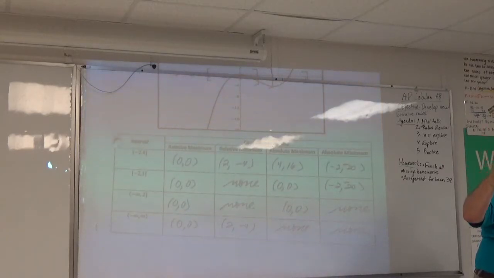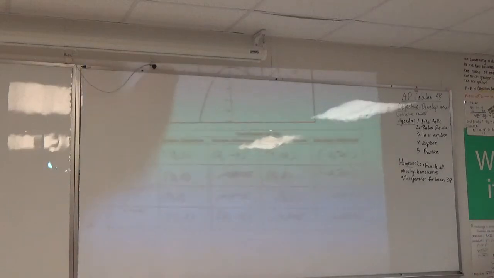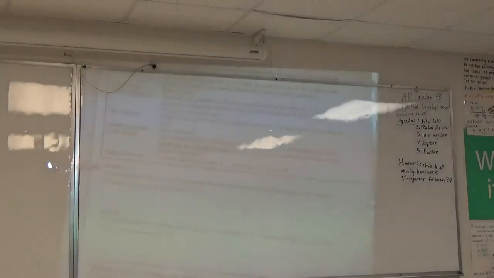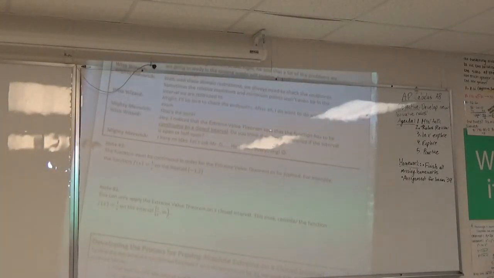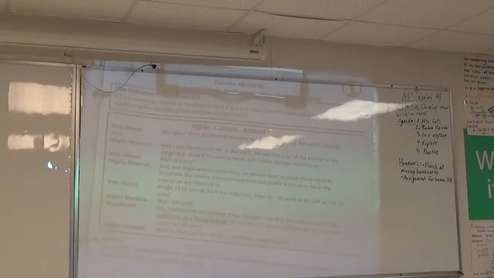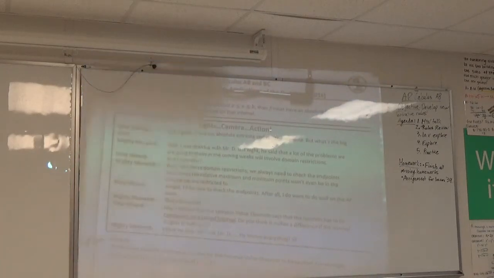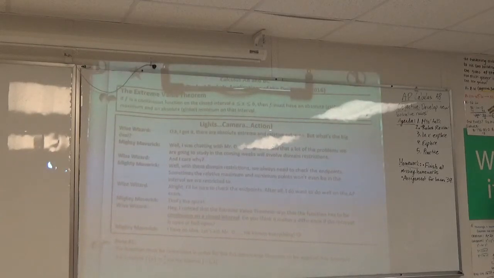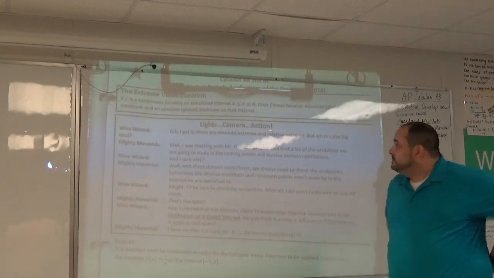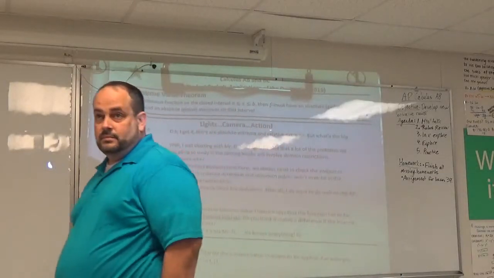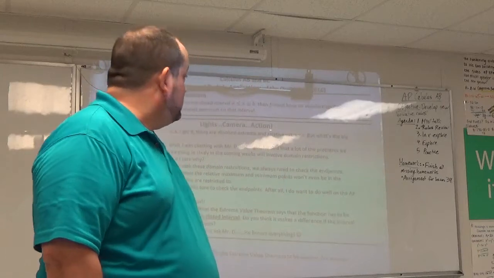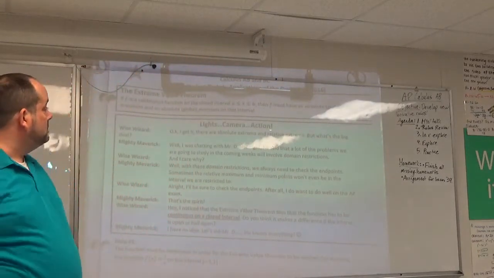Everybody okay? So we've got some new definitions, new vocabulary, and here comes a new theorem. Aaron, in a loud, strong, proud voice, can you introduce us to the extreme value theorem? If f is a continuous function on the closed interval a less than or equal to x less than or equal to b, then f must have an absolute or global maximum and an absolute global minimum on that interval.